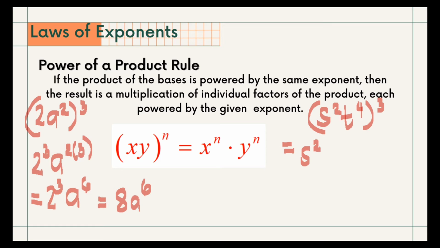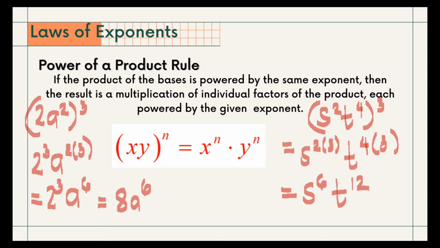So, you have s raised to 2 times 3, and then we have t raised to 4 times 3. Then final answer, we have s raised to 6, and then t raised to 4 times 3, that is equal to 12.